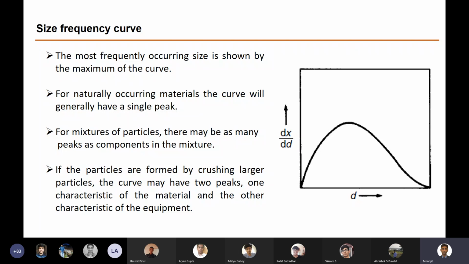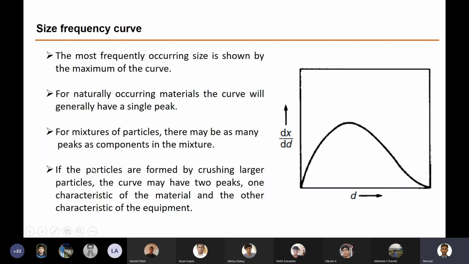It is observed that for a naturally occurring material, meaning some mixture of particles which you obtain by digging a big hole in the earth and taking out some mud and then trying to do a size analysis, you will get a single peak if you plot something like this.